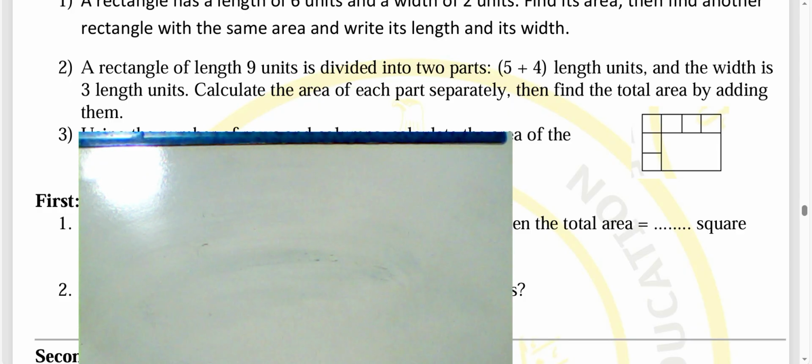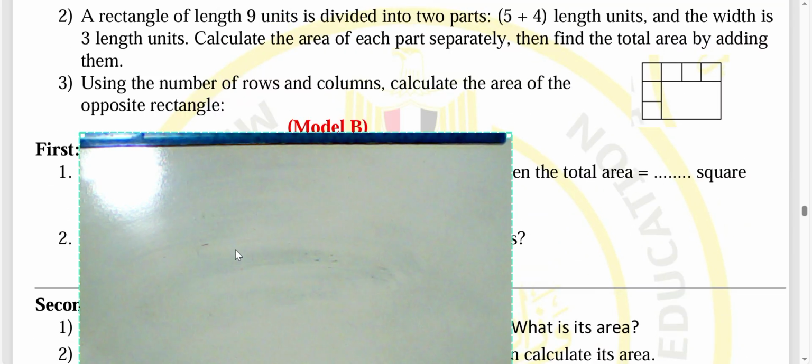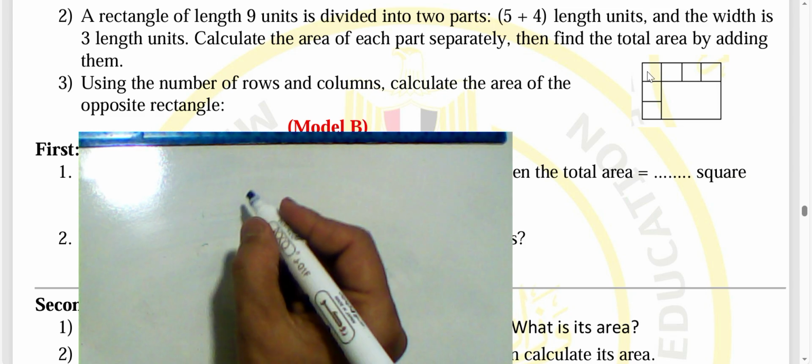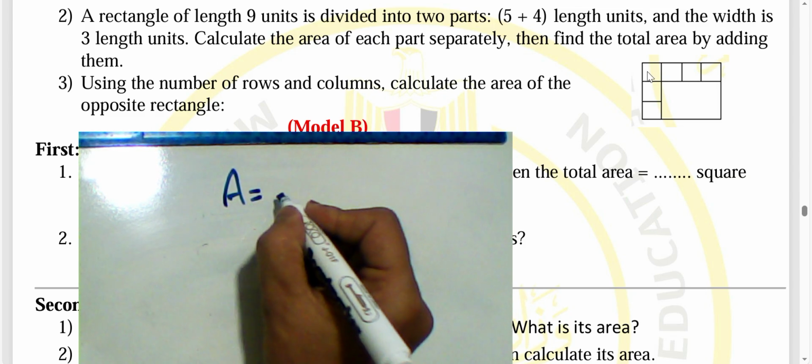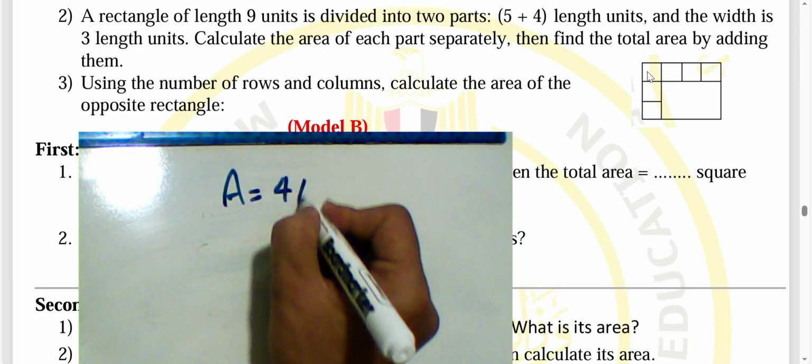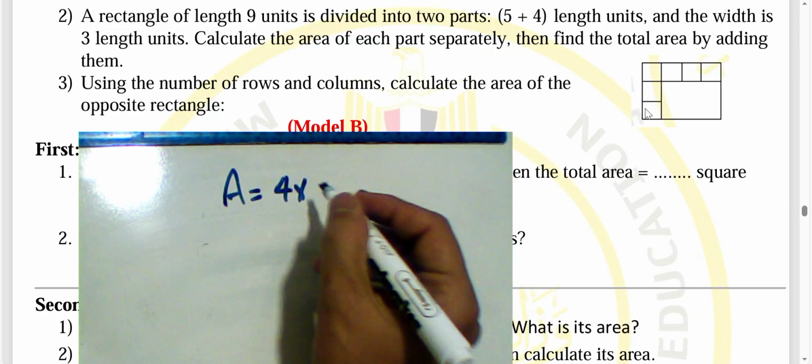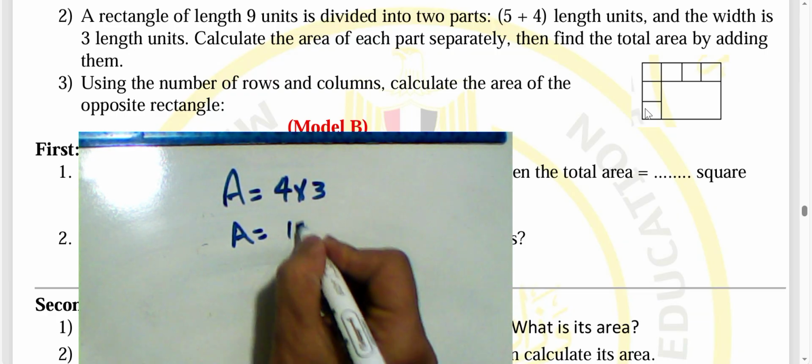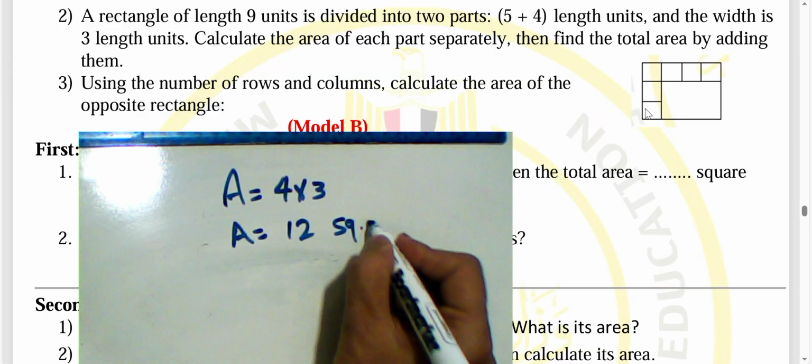Next question, number 3. Using the number of rows and number of columns to find the area. We have 1, 2, 3, 4. The length here is 4. Then the area equals length times width. The length was 4 units and the width 3 units. 4 times 3, 3 times 4, is 12 square units.